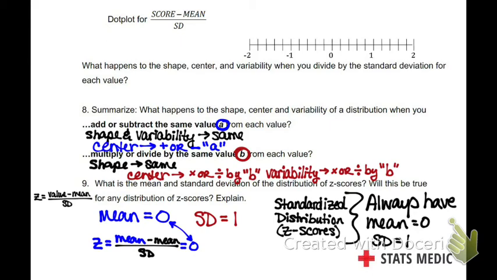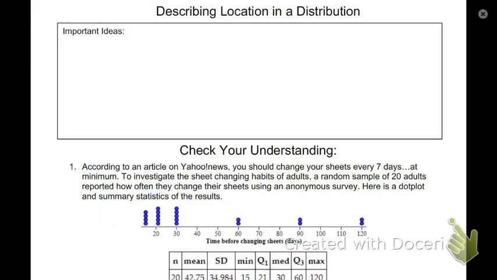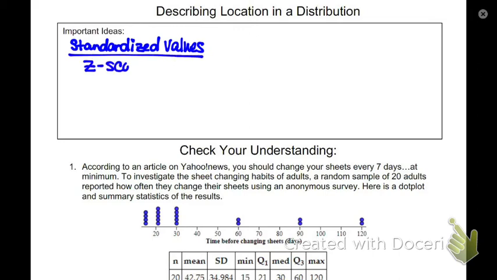All right, a couple things that we still need to write down. Next page, with our last couple minutes. Standardized values, z-scores. Z is what?